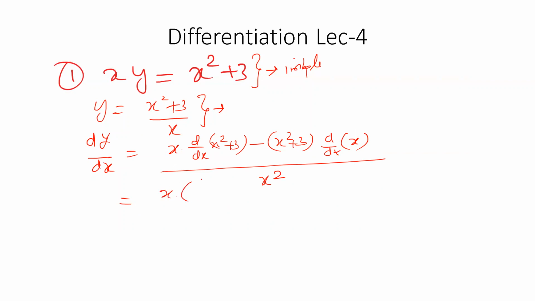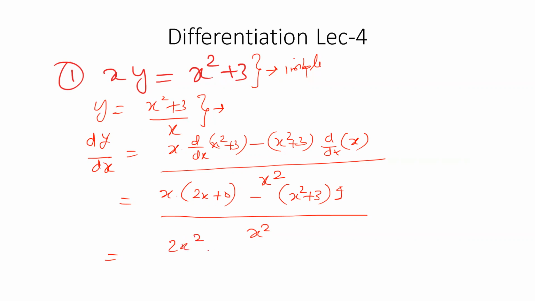Then x into the derivative of x square, which is 2x, 2 minus 1, you will get 1 plus 0, minus here x square plus 3 into the derivative of x, you will get the constant 1. Here is x square. Then you will get 2x square, just multiply it, and x square minus 3 by x square. This is my final answer.